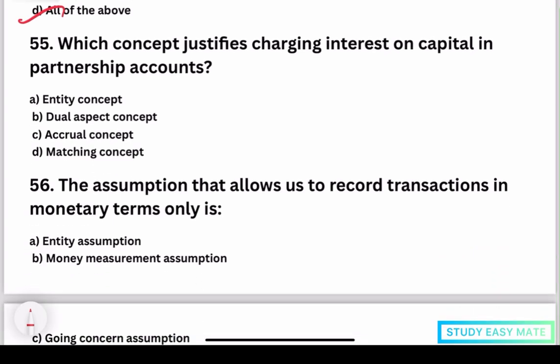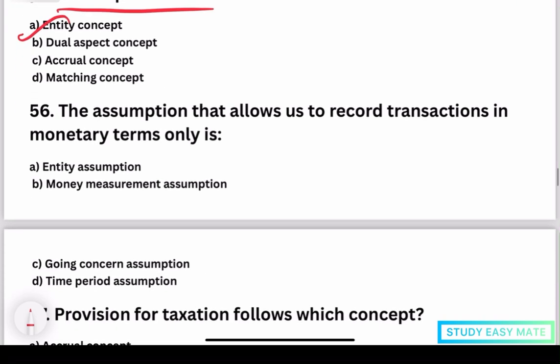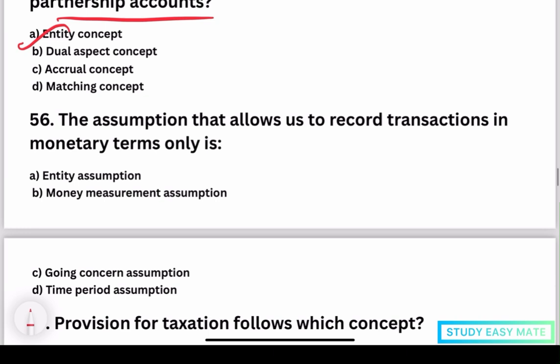decisions. Which concept justifies charging interest on capital in partnership accounts? That is the entity concept. I know that. Why? Because the business is seen as using the partner's capital and therefore pays interest for its use, right?